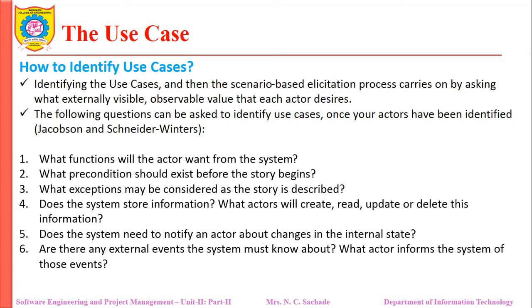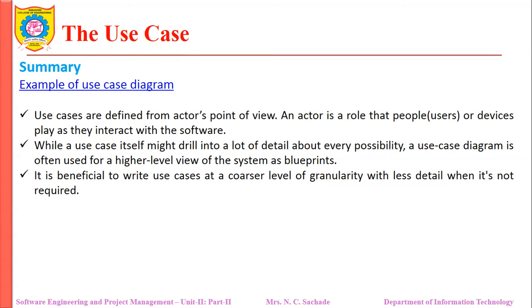That would be an actor. Does the system need to notify an actor about changes in the internal state? Are there any external events the system must know about? What actor informs the system of those events? So, this is how it can help in identifying use cases by answering all of these questions.